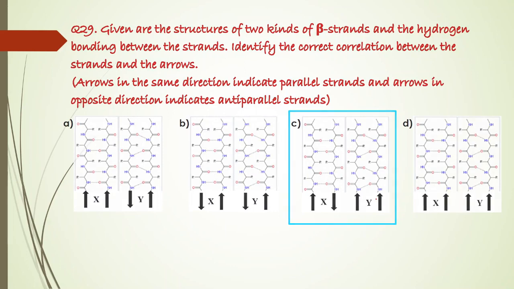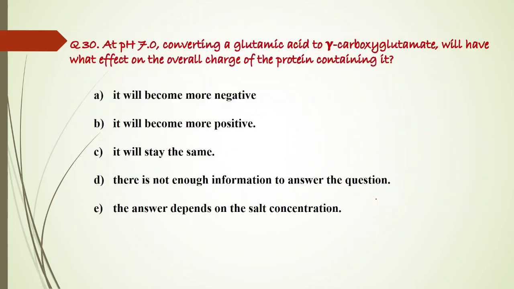So let us look at the next one. Okay, this is a very interesting question again, so I will ask all of you to answer this one. It states: at pH 7, converting a glutamic acid to gamma carboxyglutamate will have what effect on the overall charge of the protein containing it?